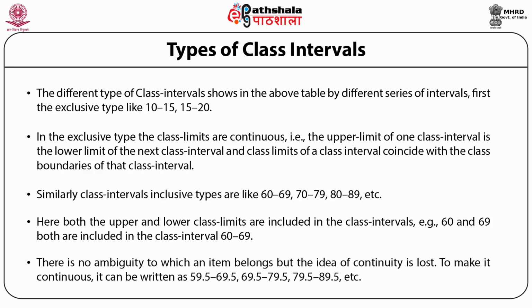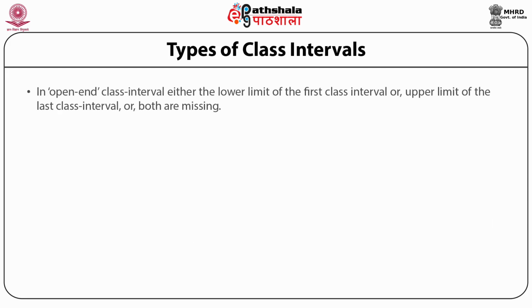There is no ambiguity as to which class an item belongs, but the idea of continuity is lost. To make it continuous, it can be written as 59.5 to 69.5, 69.5 to 79.5, 79.5 to 89.5, etc.